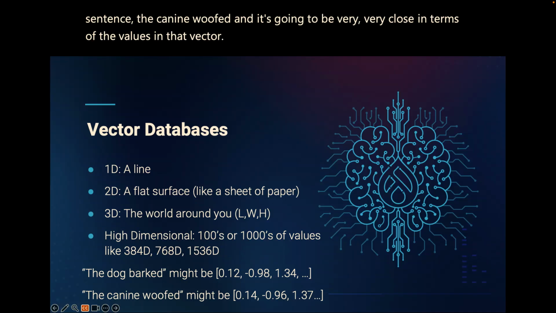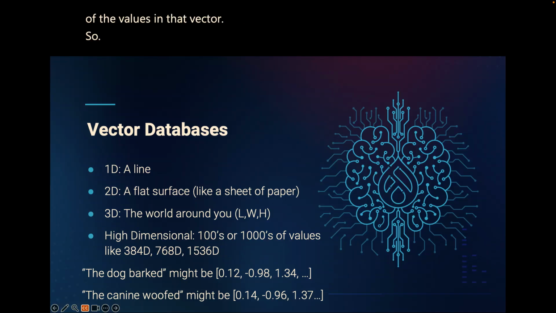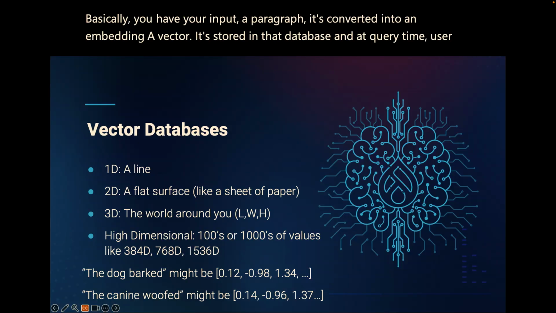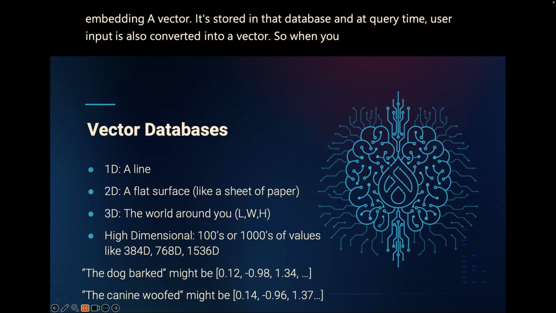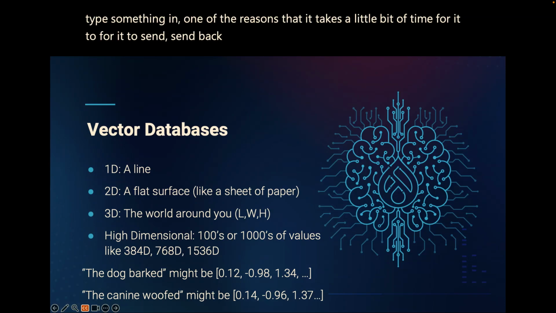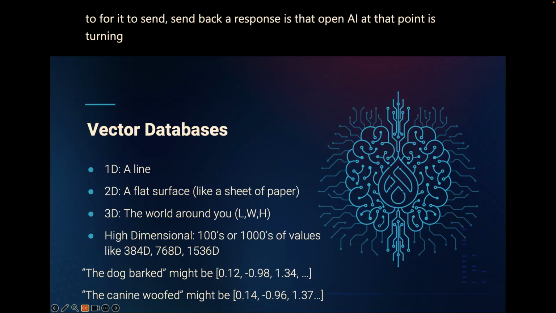Basically, you have your input, a paragraph. It's converted into an embedding, a vector, and stored in that database, and at query time, user input is also converted into a vector. When you go to ChatGPT and type something in, one of the reasons it takes a little time to send back a response is that OpenAI at that point is turning your query into a vector using the same embedding tool that they use to create that large language model.